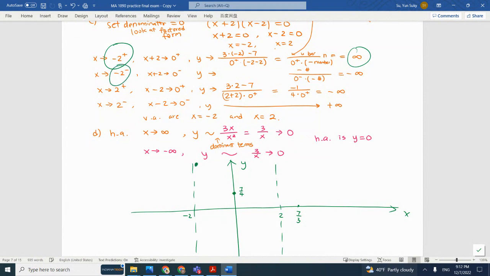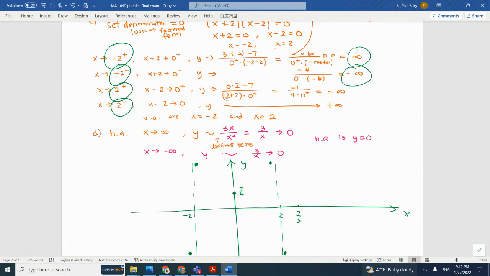When x goes to negative 2 from the left, y goes to minus infinity, so left bottom. Put a dot there. When x goes to 2 from the right, y goes to minus infinity, that's the bottom. And when x goes to 2 from the left, y goes to infinity, that's the top.